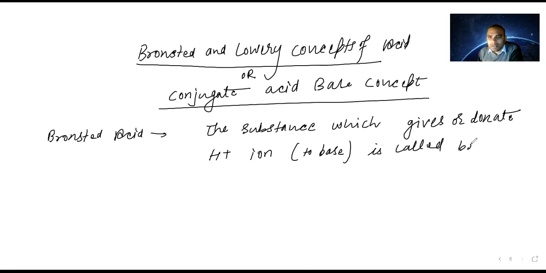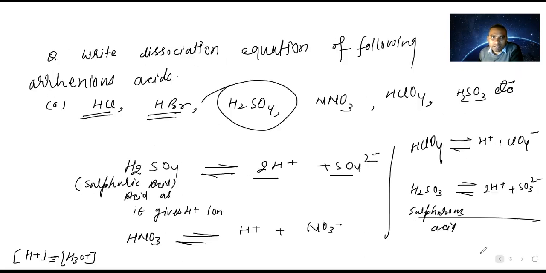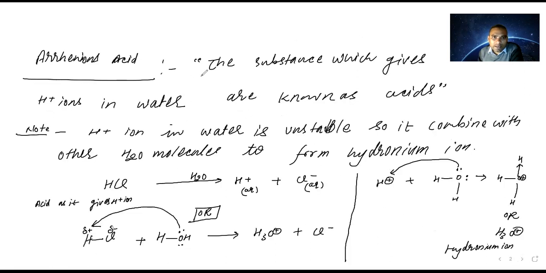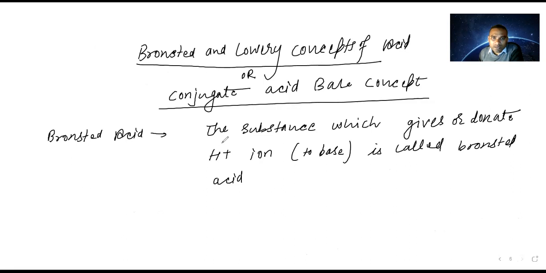In the Arrhenius case, let's go back and see the Arrhenius acid: the substances which give H plus ion in water. Here the condition is a little bit different. Here they didn't mention any water. The substances which give or donate H plus ion to a base are called Bronsted acids.